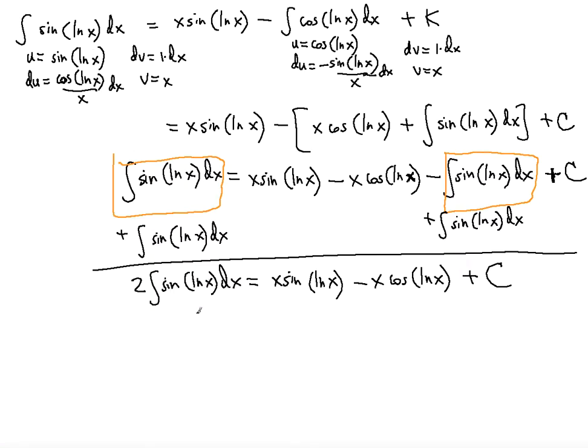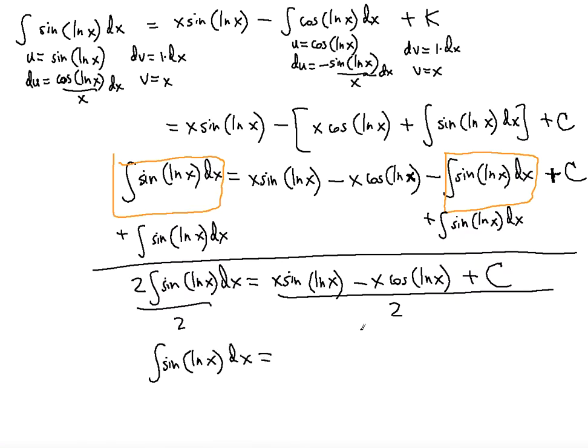So dividing both sides by 2, you solve for the integral of interest, which is equal to, so x and 1/2 can be factored out for both of these terms. So 1/2 x can be factored out, and then we bracket sine of ln x minus cosine of ln x, bracket closed, and then the capital C can be changed to small c, because it would multiply 1/2. So as usual, it could be the small c.